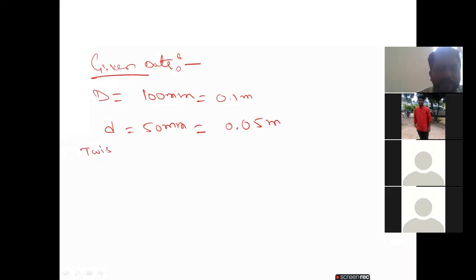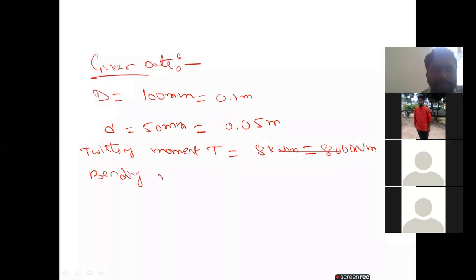The twisting moment capital T equals 8 kilonewton meter, which in Newton meter is 8000 Newton meter. And the bending moment M, all given data, is 2.5 kilonewton meter, so 2500 Newton meter, multiplying with 1000.